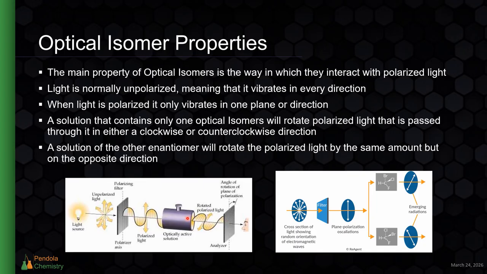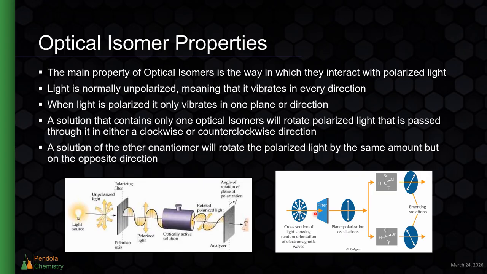If we put that light through a solution of only one optical isomer, the light will be rotated in one direction. When we put polarized light through a solution of what we call an optically active compound, that polarized light is rotated a specific way, and by a specific amount.